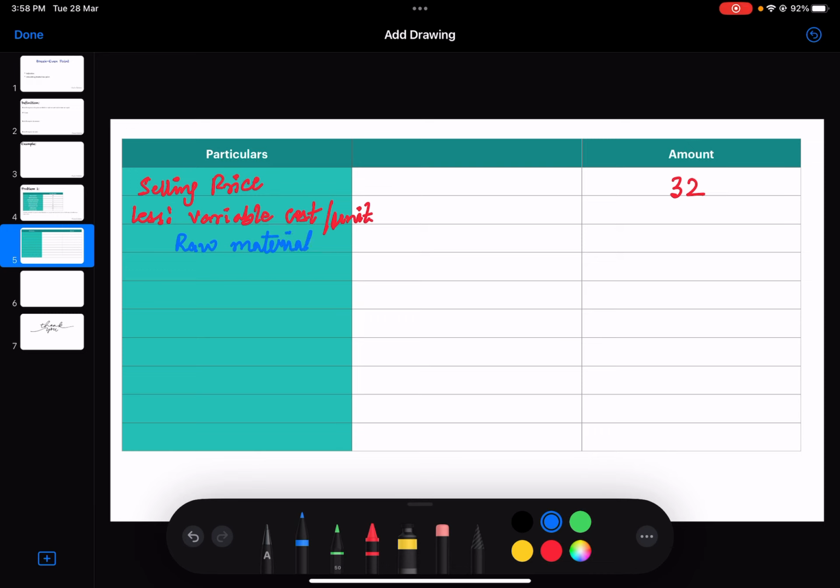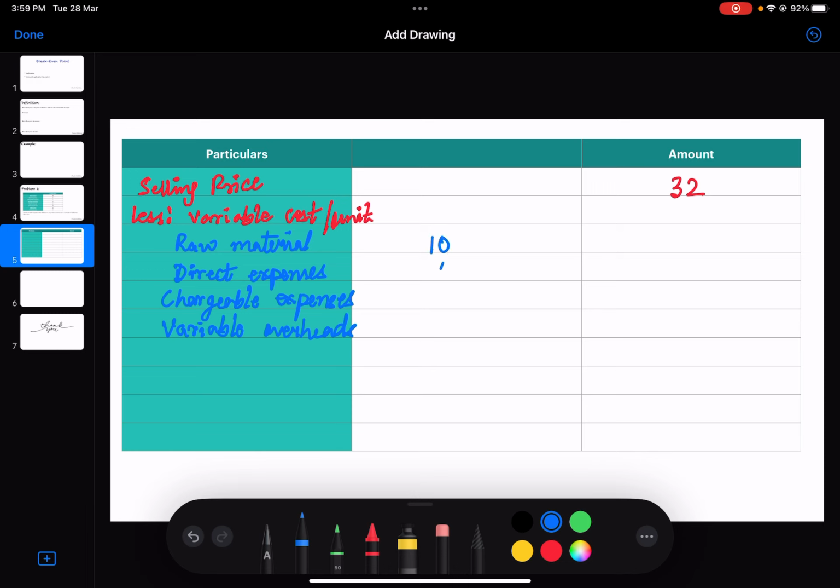Next direct expenses. Next chargeable expenses. We'll write the amount later. First let's write down the things that come under variable cost. And finally the variable overheads. They all come under variable cost. Now let's write their amount.